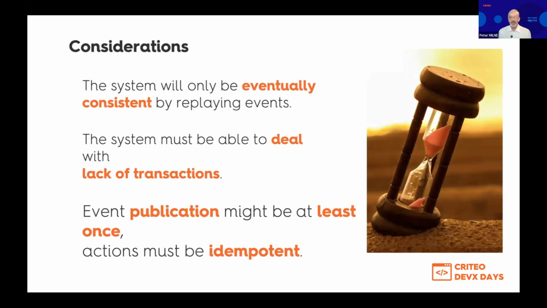So, considerations about event sourcing. Things will be eventually consistent by replaying events. The system has to be able to cope with a lack of transactions. You'll notice that there's not going to be the whole concept of an atomic transaction. It's eventual consistency.